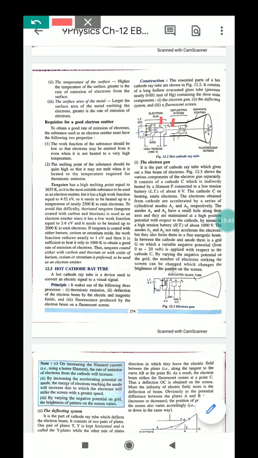The emitted electrons, when they pass through these anodes, get focused and accelerated and come out of the hole as a fine beam of electrons. Now, the deflecting system consists of two sets of deflecting plates, the vertical set of plates and the horizontal set of plates.